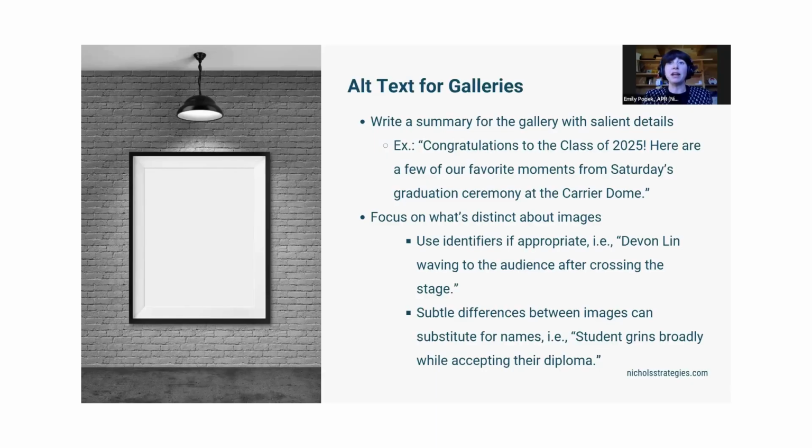Different districts have different practices when it comes to this. I know many districts do not identify students by name, especially on social media. If you do, I would suggest going ahead and naming that student in the alt text if that is one of the clear distinctive factors about the image. Now, I'm going to take the mea culpa here because this goes against advice I've given in the past, so I'm just going to be completely transparent about that.